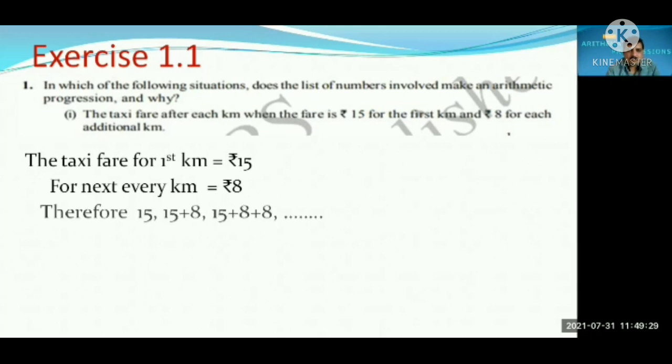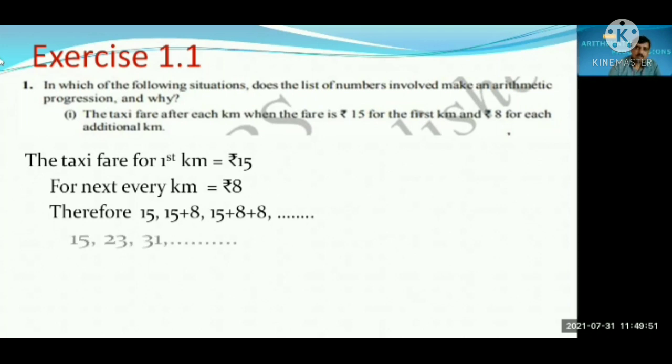So here for the first kilometer we have to pay 15 rupees. If we go another kilometer, then we have to pay 15 plus 8. If we move another kilometer, then we have to pay 15 plus 2 times that 8 rupees. Like this it is going on.